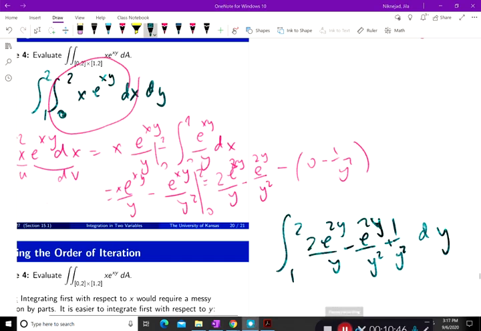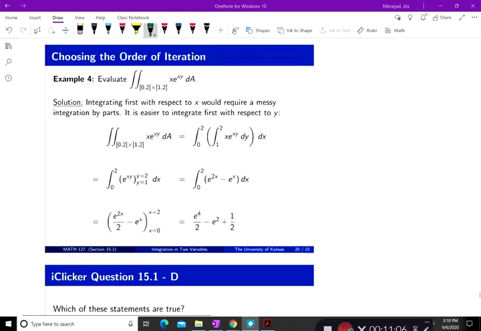you're going to have some issues figuring out this integral. It is going to take a lot of effort to find the integral, and whenever you're at this point you possibly want to think about switching the order. That's how we know when to switch the order. Let's summarize.